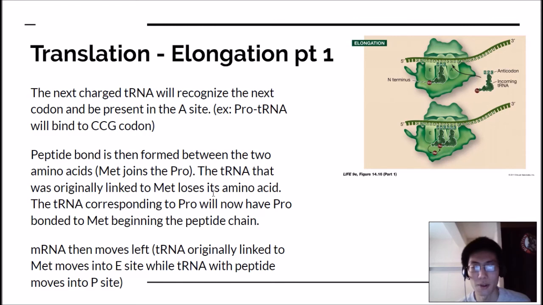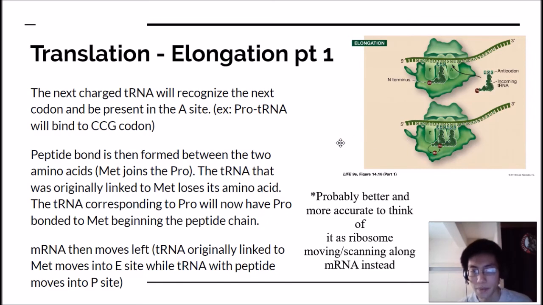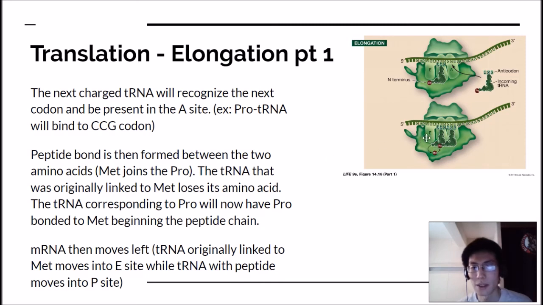And then there's going to be peptide bond formation once the tRNA is within this whole complex. So the large subunit will catalyze peptide bond formation, and the methionine will actually join to the proline. And the mRNA then, of course, moves, and the tRNA originally linked to the methionine will get moved to the E site, and then it's going to get ejected.